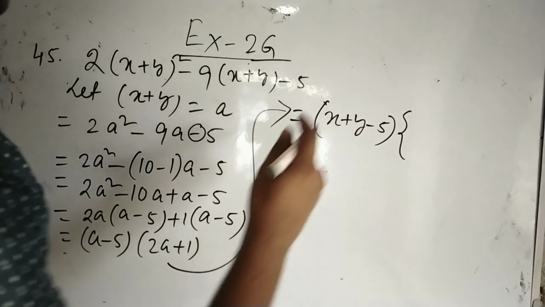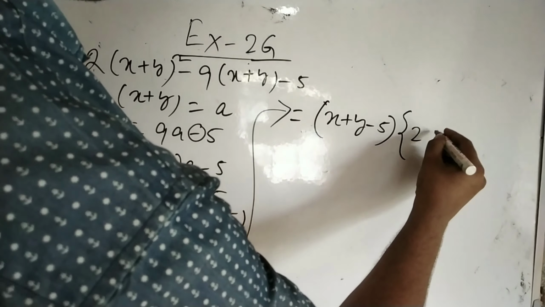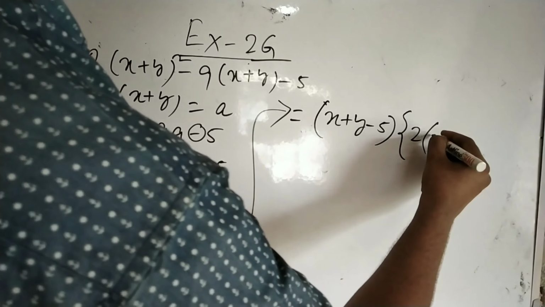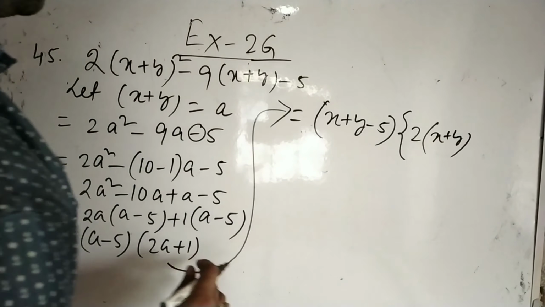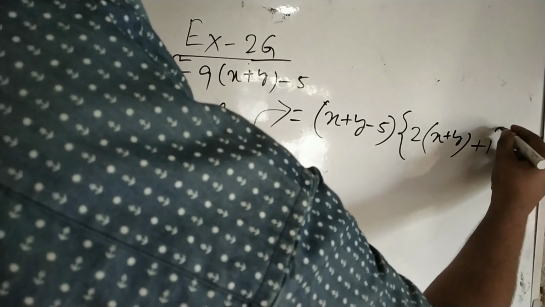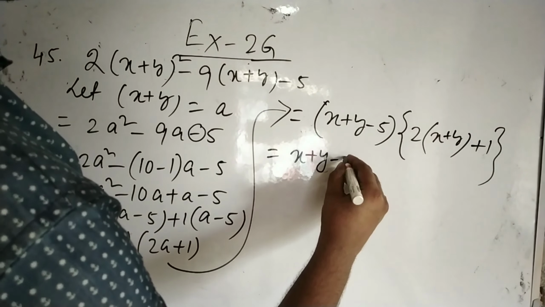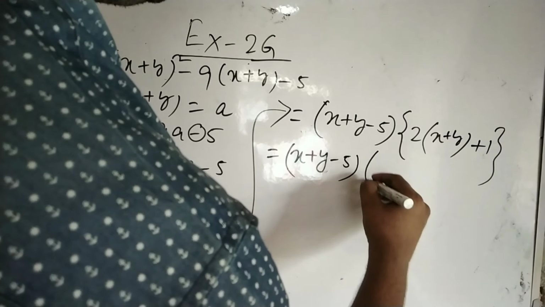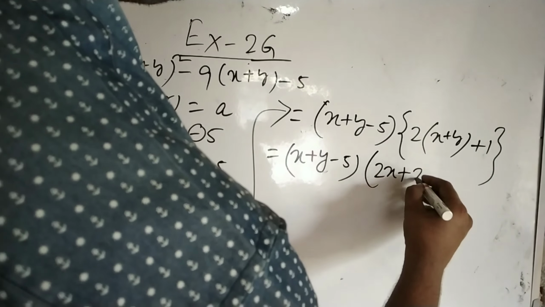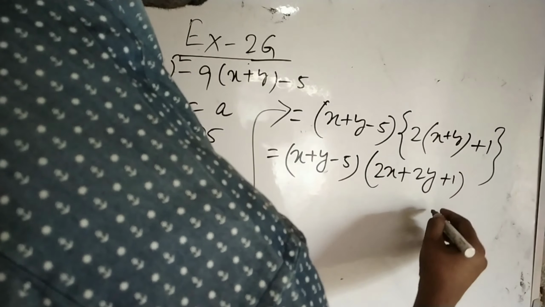We are taking a second bracket for these two. 2 into a is x plus y plus 1. That is x plus y minus 5 into 2x plus 2y plus 1. This is your answer.